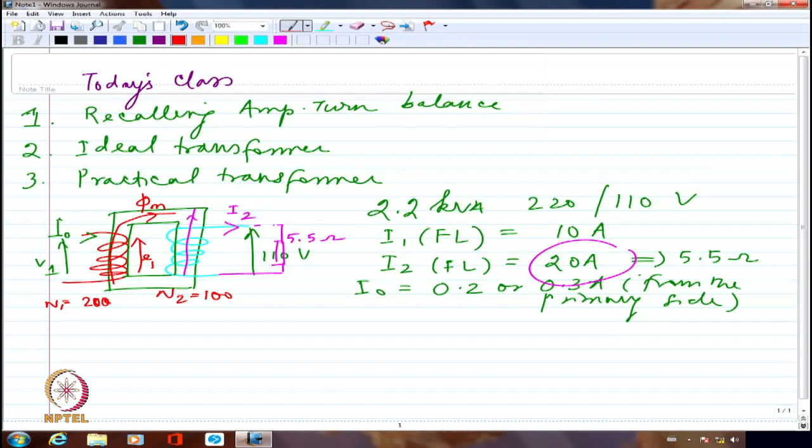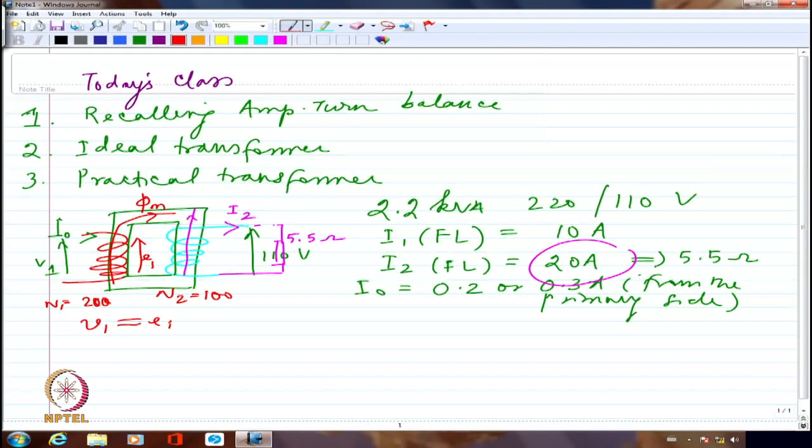Originally V1 was equal to E1, especially under no load condition. There is no drop because the current was only 0.3 ampere, so the drop was negligible.